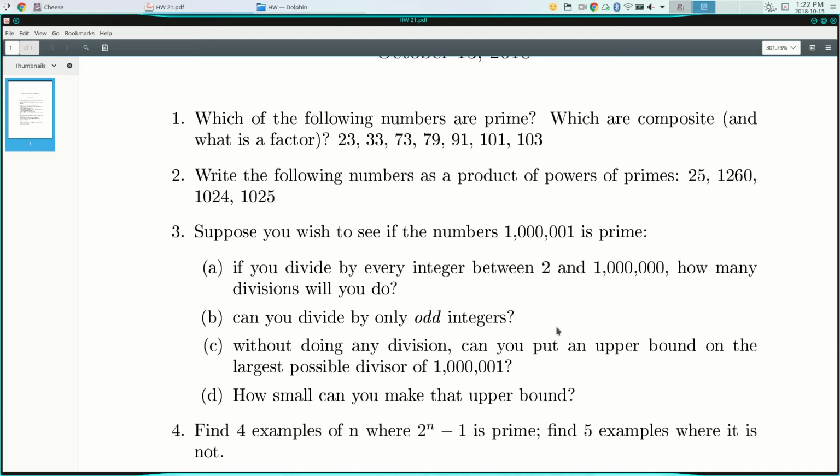Because if you want to find the smallest, there's 2. Yeah. 2 to the 4th is 16. That's 15. 15 is divisible by 3.